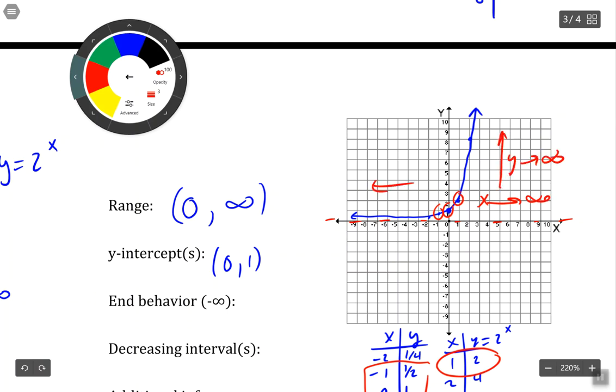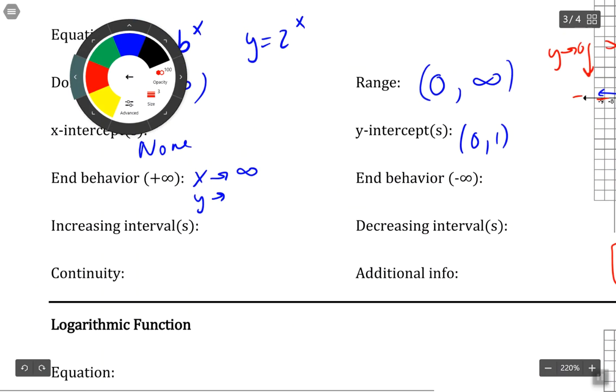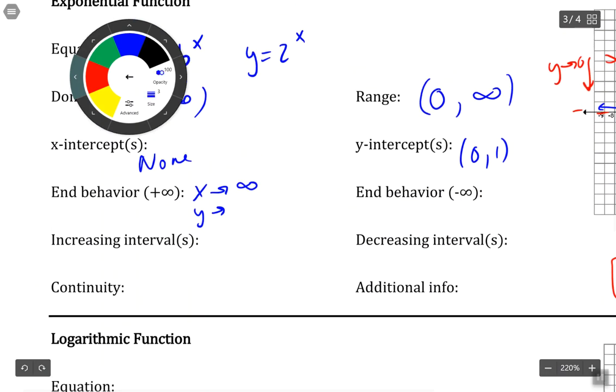As my x goes to negative infinity, what's my y doing? What's it approaching but never getting there? 0. So on my end behavior, let me finish this one. This goes to infinity. But as x approaches negative infinity, my y is going to go to 0, but it's never going to get there.